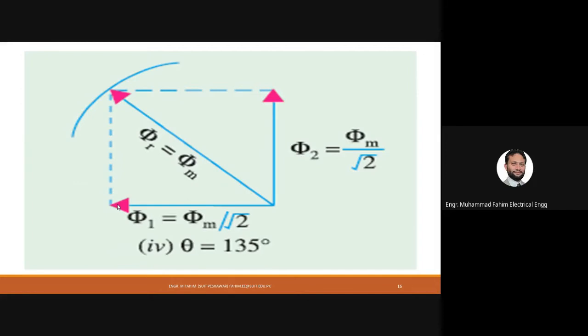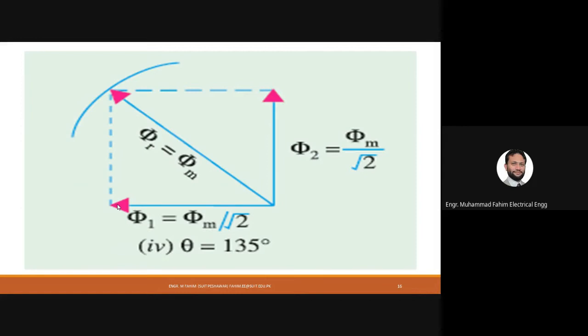So the resultant phi r is equal to phi max, and it is further shifted 45-degree from the previous point and 135-degree from the initial one, clockwise. So now theta is equal to 135 degree over here.